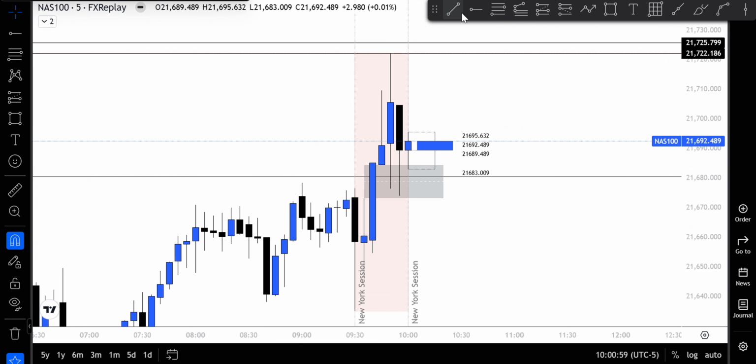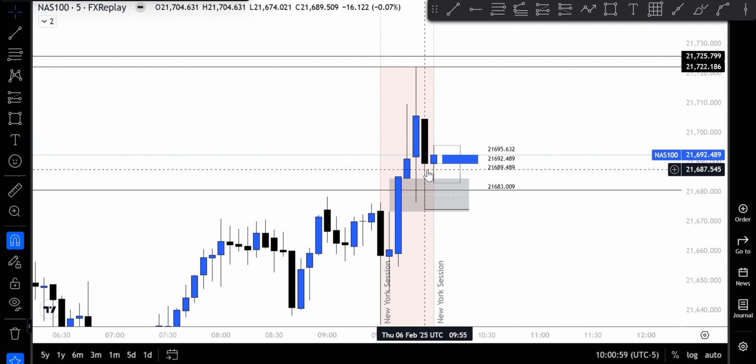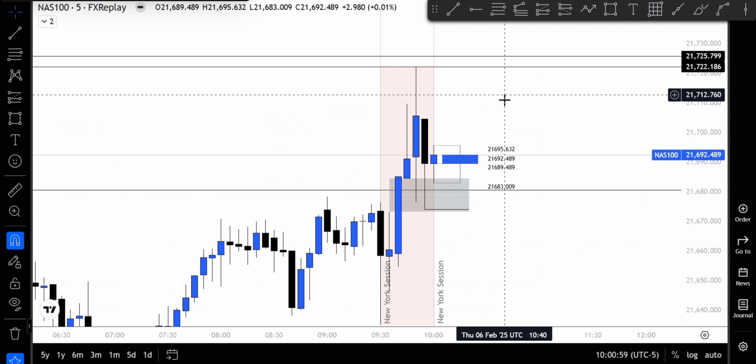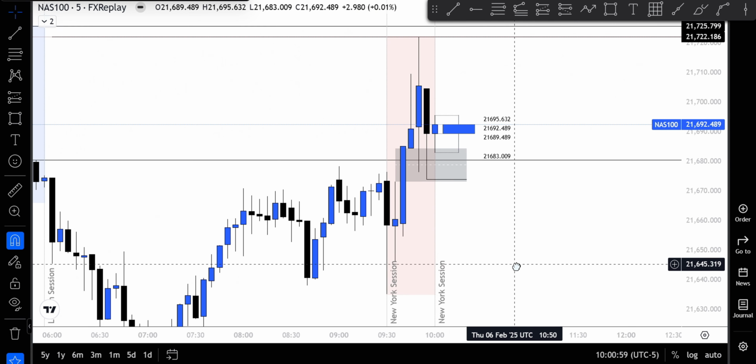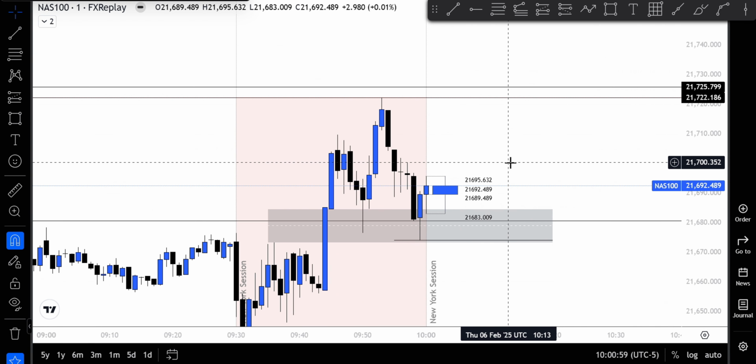And it immediately tapped into this 5 minute, but we have this point of liquidity below, and I would like to see a sweep of liquidity and then explosion back up. If that doesn't happen, I don't know if I will take this as a trade.